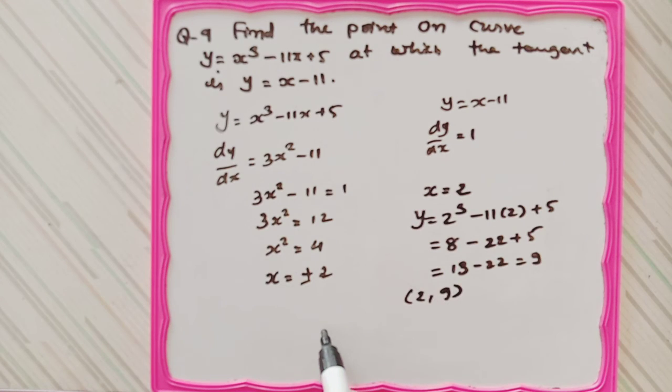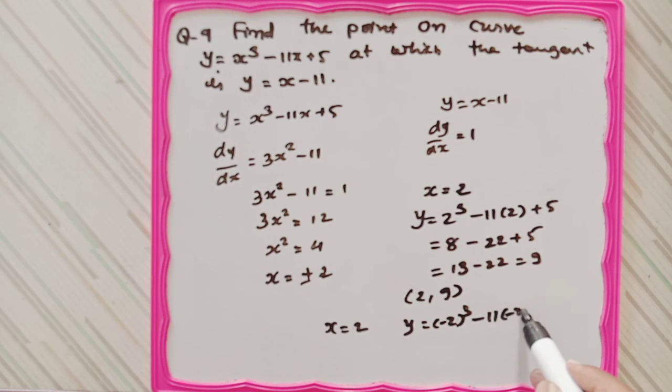Now x is equal to minus 2, we take, then y equals minus 2 cube minus 11 into minus 2 plus 5. It is minus 8 plus 22 plus 5. So 27 minus 8, it is 19.